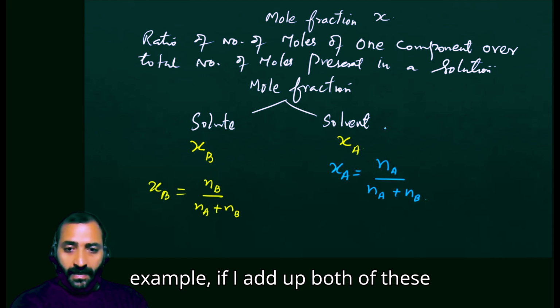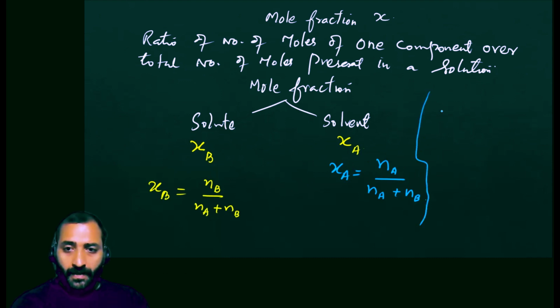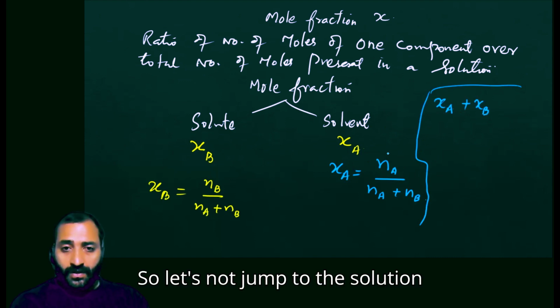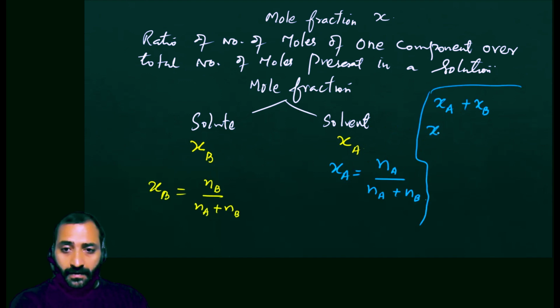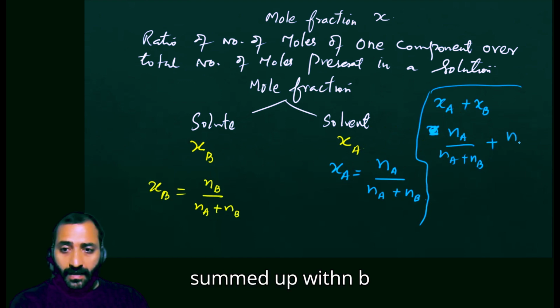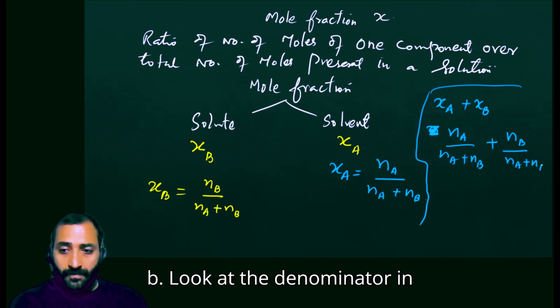Say for example, if I add up both of these, xa plus xb. Let's not jump to the solution early. First let's sum them up. xa stands for na divided by na plus nb, summed up with nb divided by na plus nb.